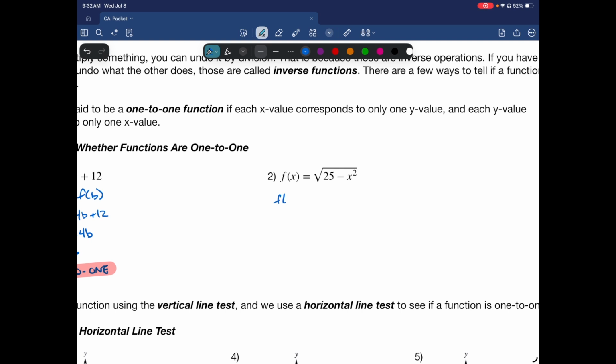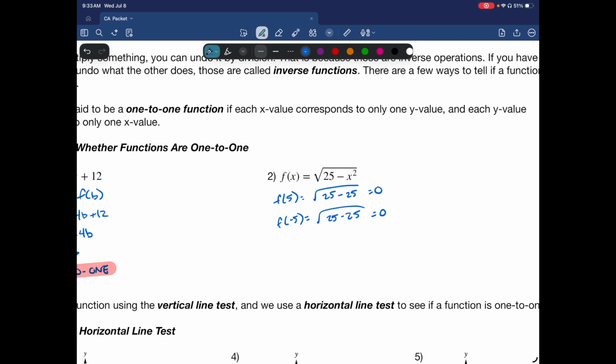If I do f of 5, that's the square root of 25 minus the square root of 25, which equals 0. F of negative 5 is the square root of 25 minus the square root of 25, which is 0. Because I was able to get the same answer from two different numbers, they're not one-to-one. This shows that my y's repeat, which is a problem.